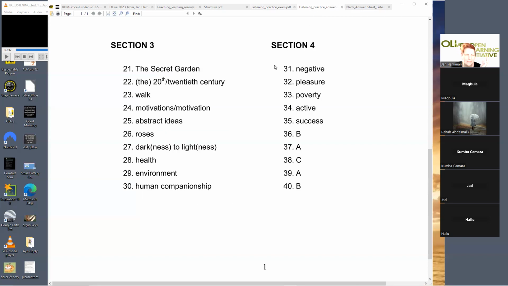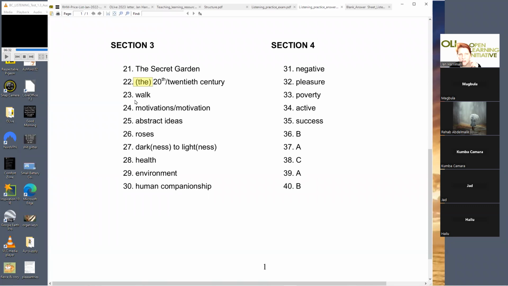There's the answers. They're looking for 2 words on that one. And so we had the option of dark to light or darkness to lightness, either one, and with or without the 20th century. I just put 20th century. No, that's fine.